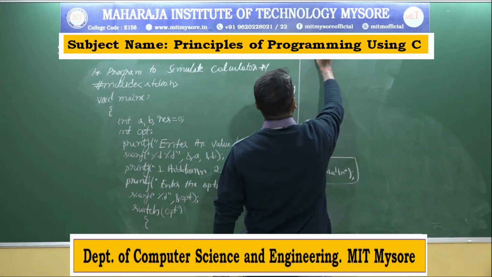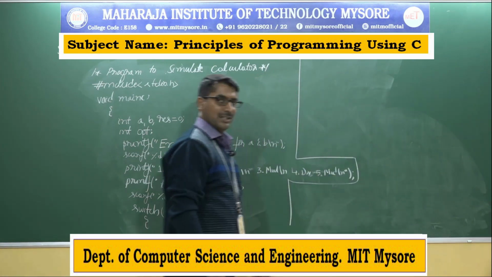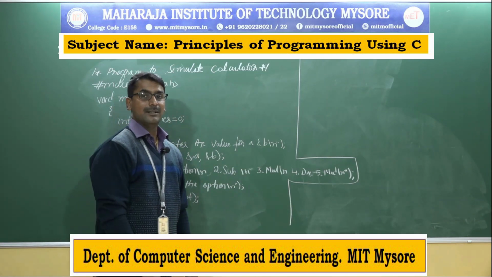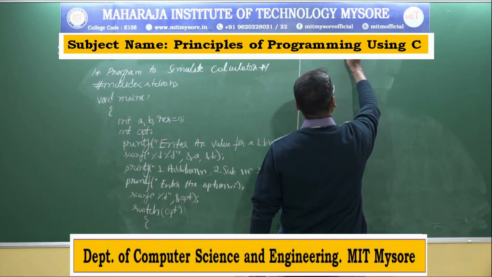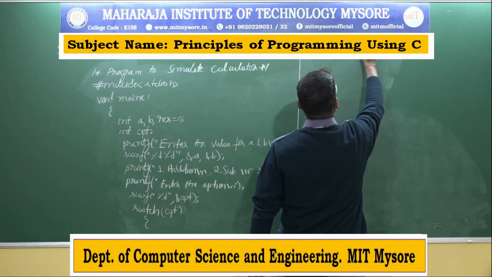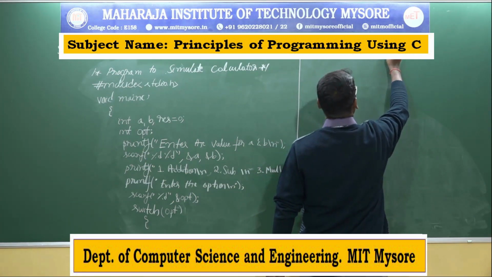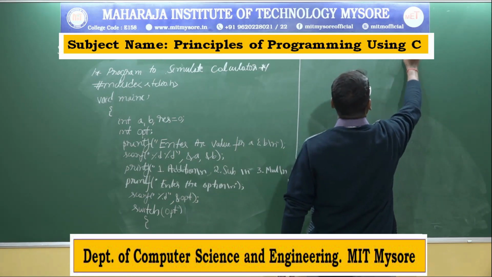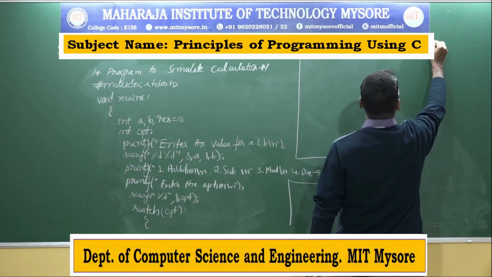So, first case 1, then colon. I already mentioned case 1 is for addition, case 2 is for subtraction. So, when you give case 1, printf "addition is equal to %d\n", a plus b.